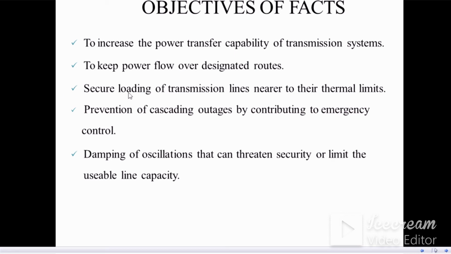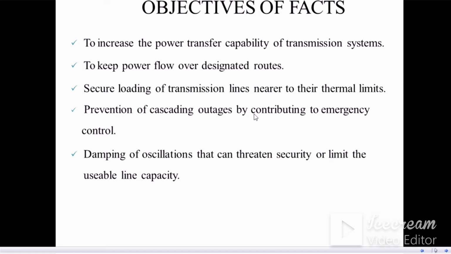Third one, the secure loading of transmission lines nearer to their thermal limits. We use the utmost thermal efficiency of that particular transmission line. Fourth, there is a prevention of cascading outages, that in normal language we call cumulative disturbances or outages. Outage is nothing but taking out a particular network or device or equipment or a line for maintenance purpose.